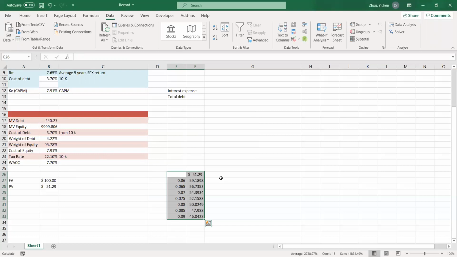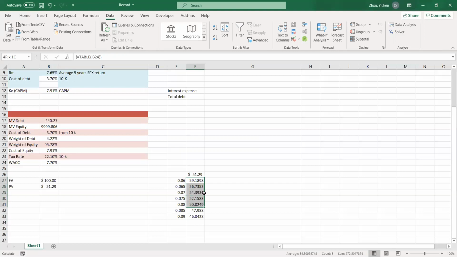By doing that, we can have a range of numbers from $60 to $59, depending on different WACC. And from this table, we can see that as the WACC increases, the stock price will decrease because the cost of raising capital is more expensive.